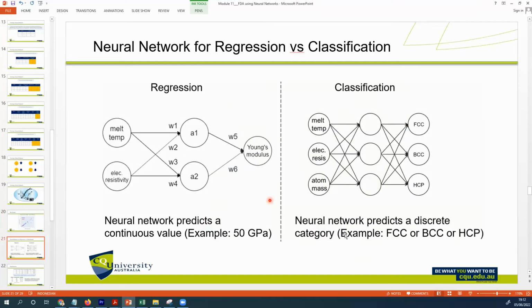Next is neural network for classification. We learned about regression. Mostly, the neural network is solving classification problems. When we do the clustering model, there is classification. So in neural network for classification, we predict discrete categories.